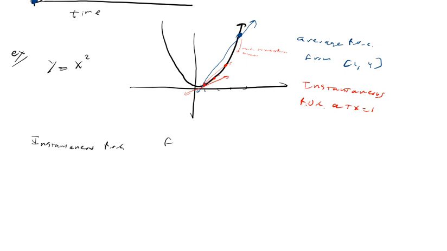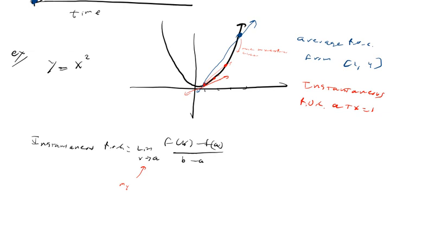This limit means my points get closer until they meet. And this value is what will give us an instantaneous rate of change, a tangent slope.